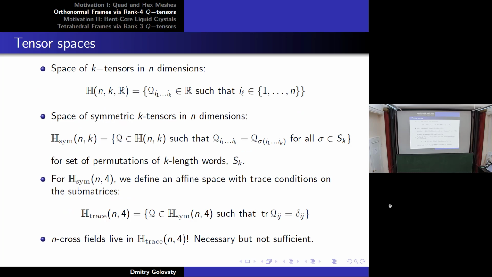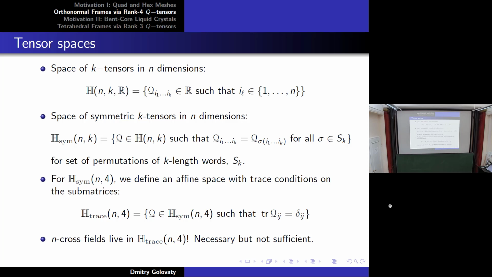So just to summarize what I'm going to do, I'm going to consider a set of symmetric rank K tensors in R^n, satisfying the trace conditions. So we take a set like that. I'm not going to initially impose a condition that these tensors satisfy a nonlinear constraint. And I want to discover two things.